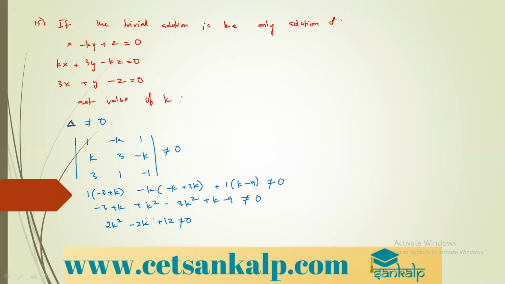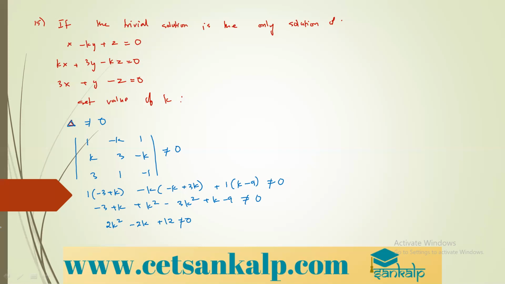The determinant, I will be getting minus 2k square plus 2k square, 2k minus 2k, minus 12 plus 12.